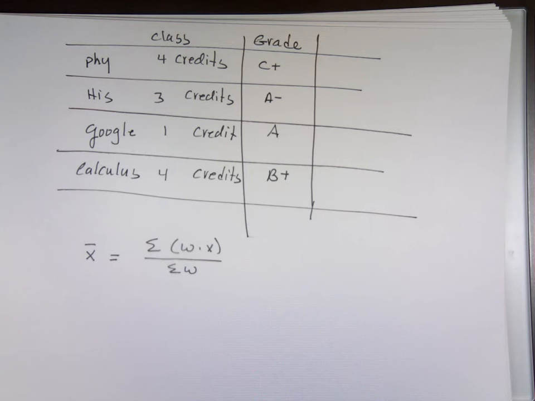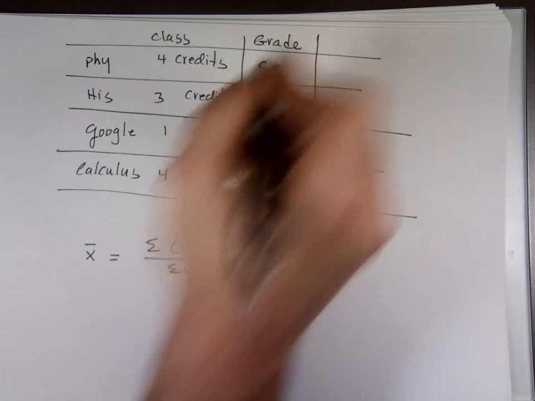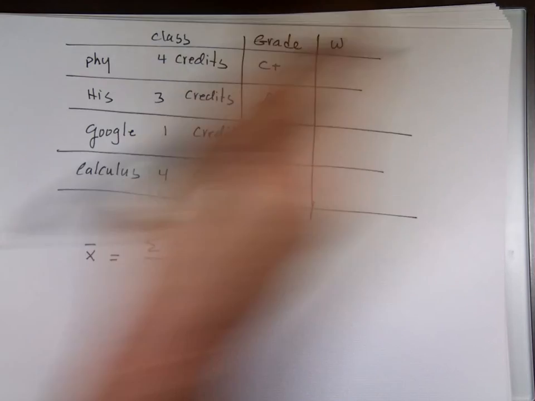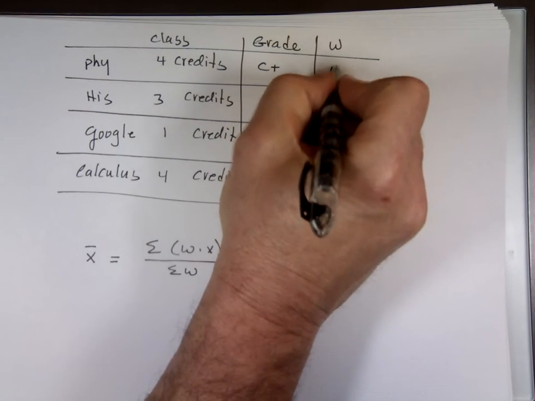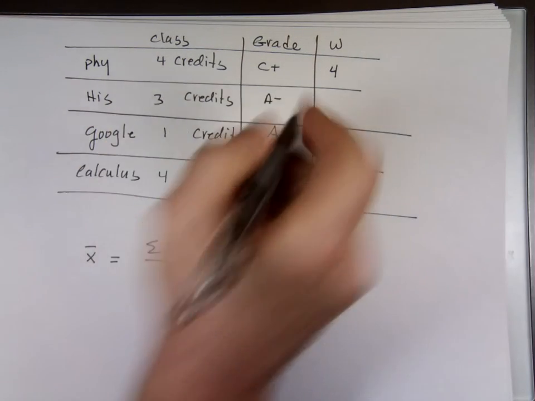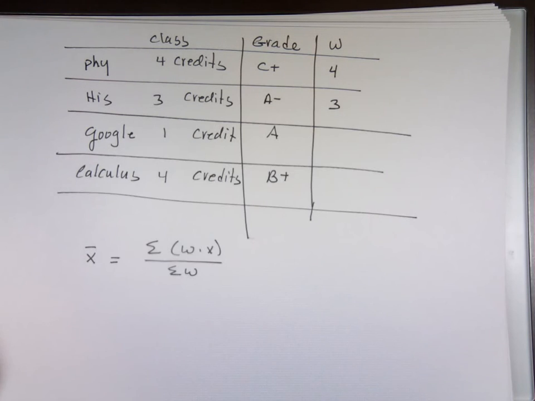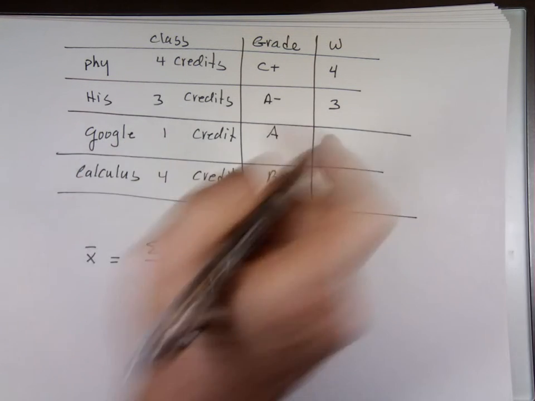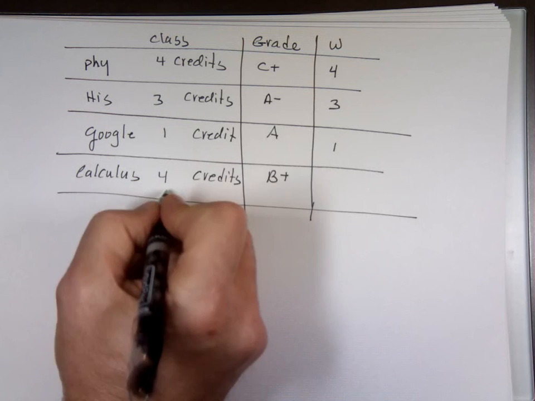Let me define the number of credits here as W, because each one is different. That's the weight. For this class, that's 4. For this class, 3. For this class, 1. And for this class, 4. That's the weight.